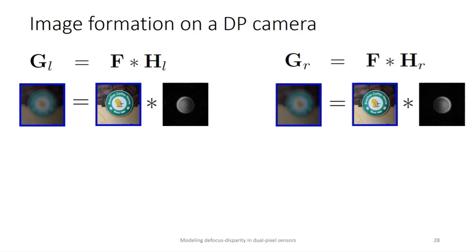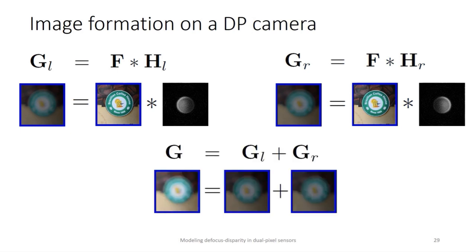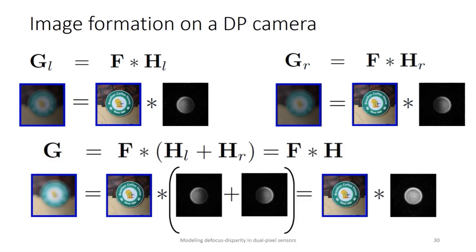Likewise, the right DP patch GR is F convolved with the right DP kernel HR. The combined image G is the sum of the left and right DP views. Alternately, G can be expressed as F convolved with the summation of the left and right DP kernels HL and HR. The combined kernel H is the sum of HL and HR.